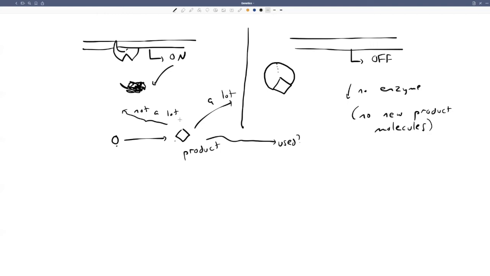So we have a switch again. If there's not a lot of product, the signal basically happens to make more product. If there is a lot of product, then the signal happens to stop making more product. So it's also a system where the machinery that turns on transcription responds to what the cell needs, and in this case can turn it off if there's not a need for that enzyme.